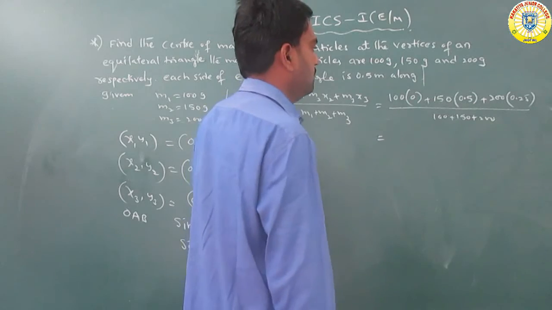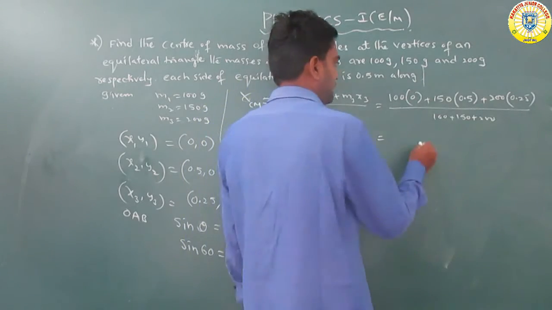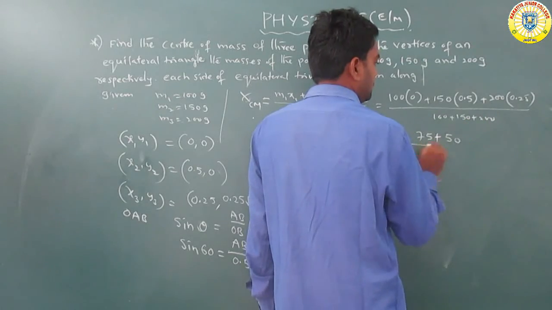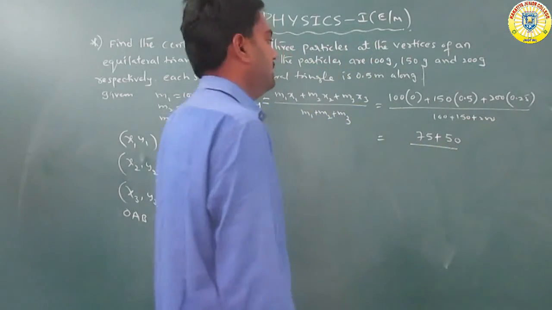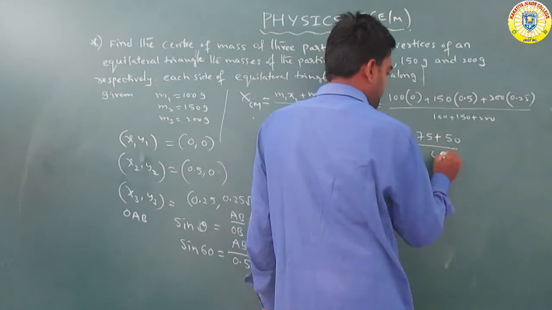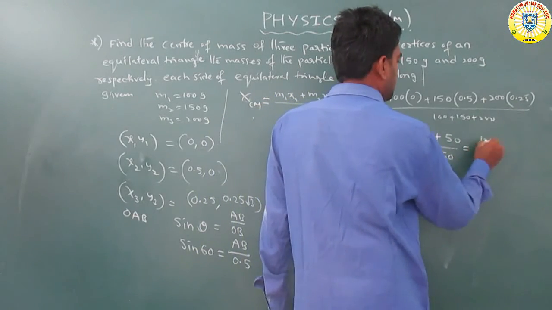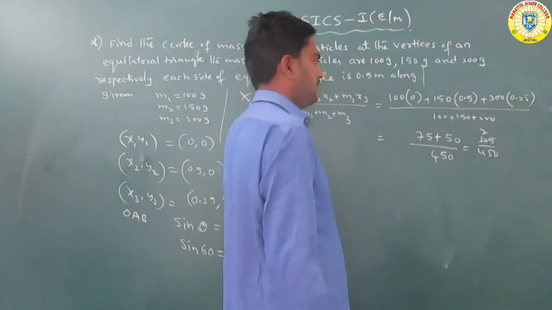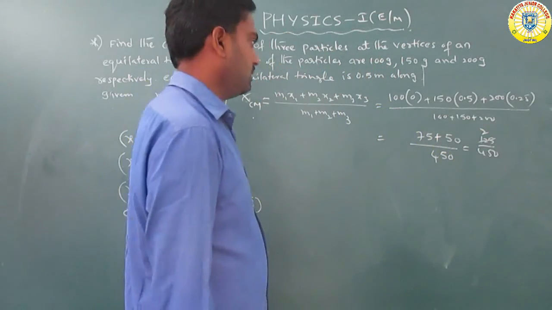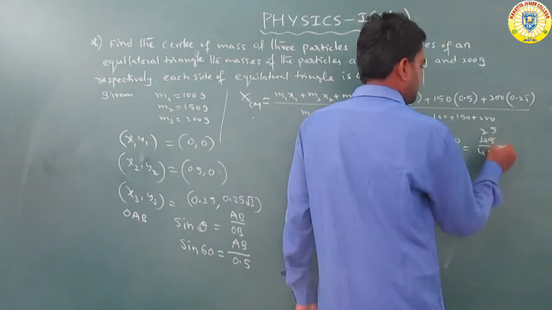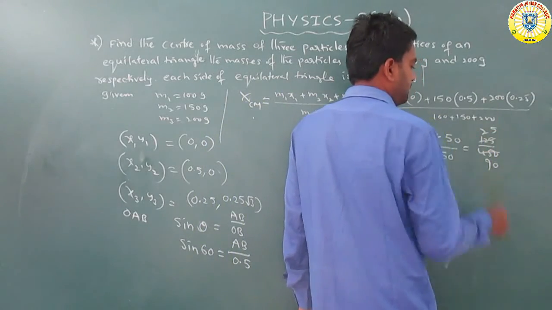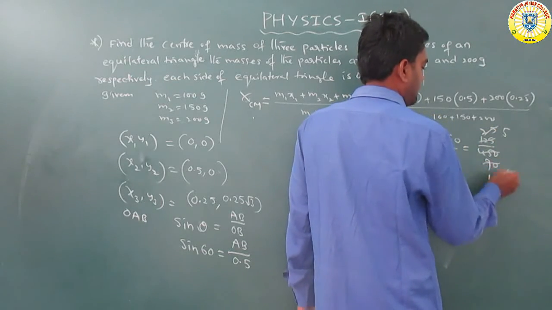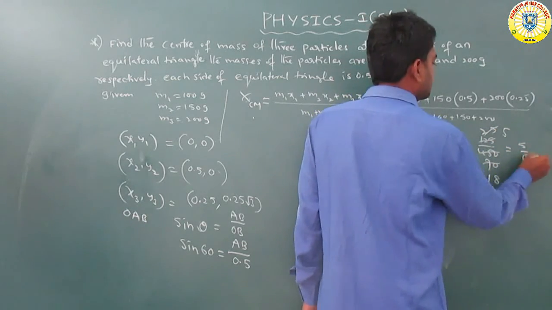So 75 plus 50 is 125, by 450. Simplifying, 125 by 450 gives 5 by 18.